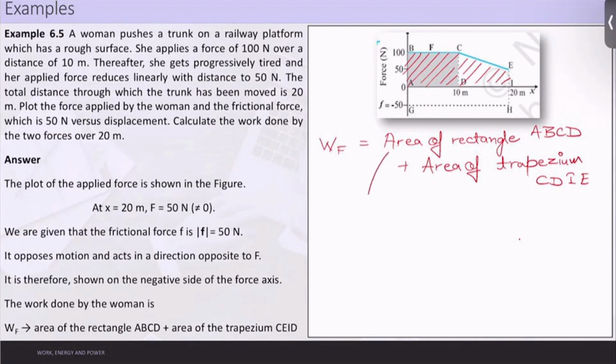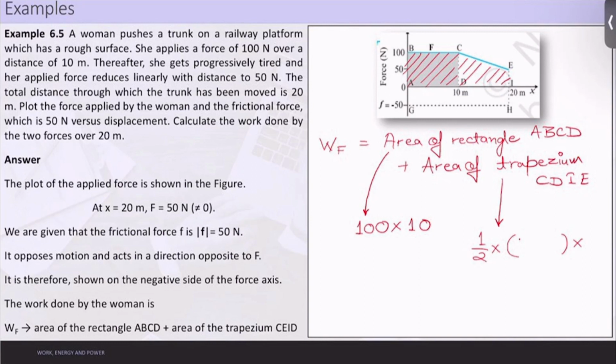Let us calculate the area of rectangle ABCD. It is nothing but 100 multiplied by 10. We know the area of a trapezium is half into the sum of parallel sides into height.